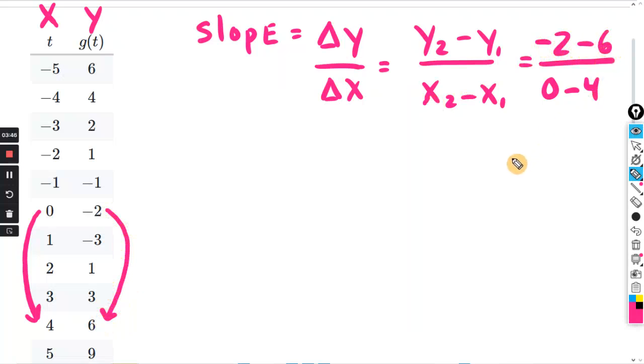I can tell already it's not 0. -2 minus 6 is -8, and 0 minus 4 is -4. That's going to be a 2. That's not 0. By the way, if you wanted to do it the easier way, you would have gotten positive numbers if you did 4 minus 0 and 6 minus -2. But it's not 0. Let's move on.